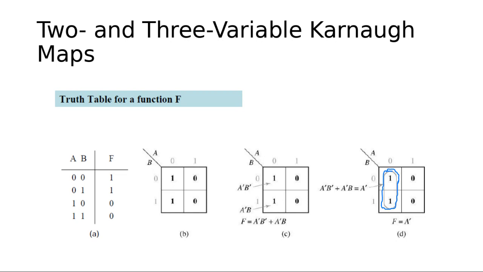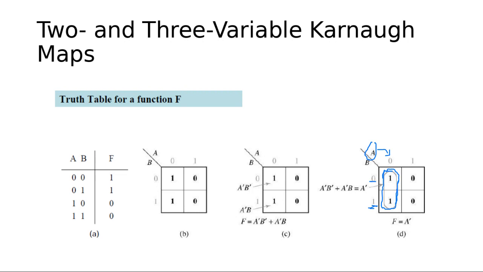So let's look at this cluster. In this cluster, B is changing, right? B gets 0 and B gets 1. But if we look at A, it is not changing.